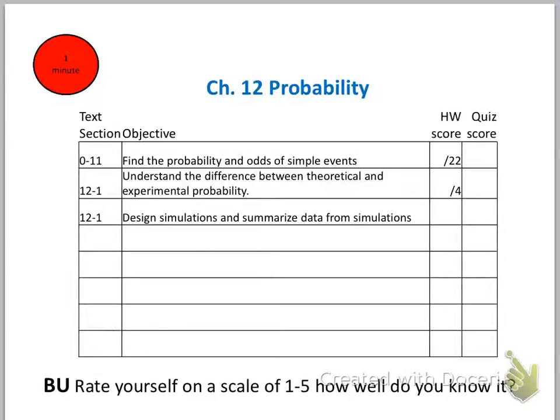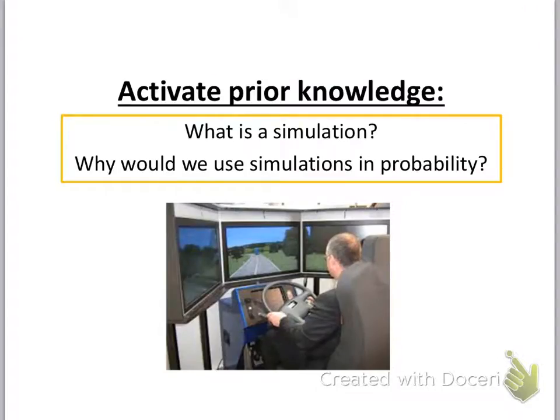Okay, ladies and gentlemen, moving on to the second part of 12-1, we're talking about designing simulations and summarizing data from simulations. Now, it's going to be really important for us to figure out what this concept of a simulation is. I've got an image here of a car driving a simulation.